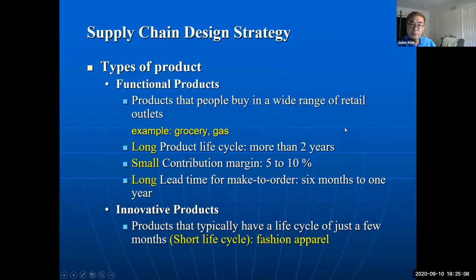On the demand side, there are 2 types of product: functional product and innovative product. Functional products, we use generally and widely, for example, grocery, gas, and so on. A characteristic of functional product is the product life cycle.